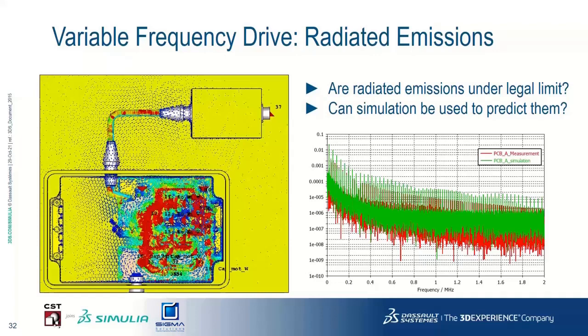So yeah, with the simulation, we want to get some results to predict those emissions to be sure that they are compliant. And on the right, very nicely, you see in red the measurement, and you see in green the simulation results. And it's not 100% overlapping, but it doesn't need to.